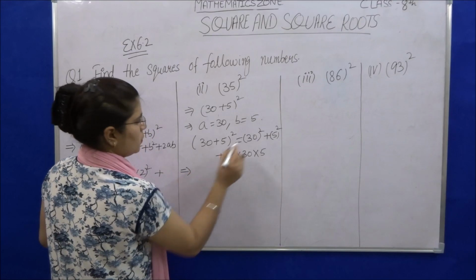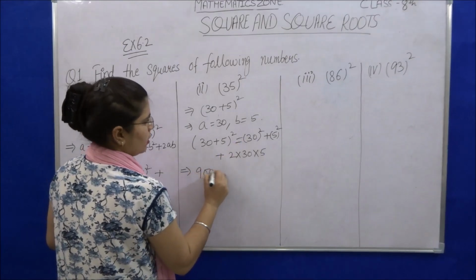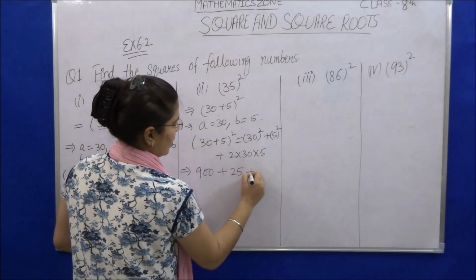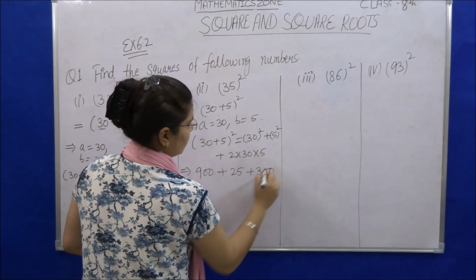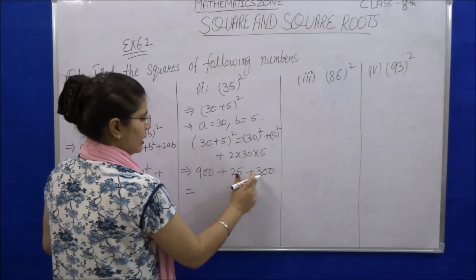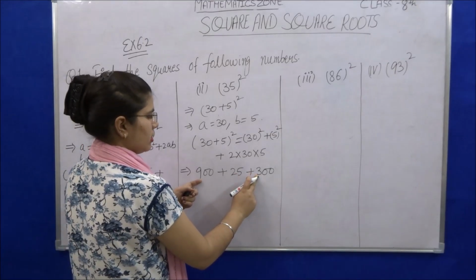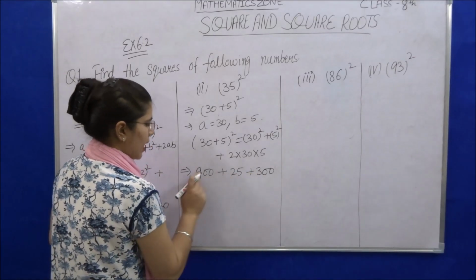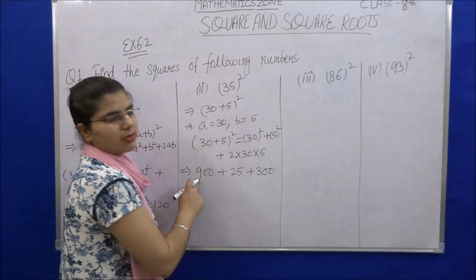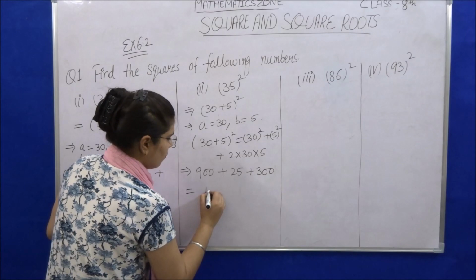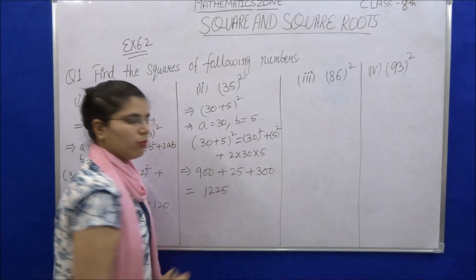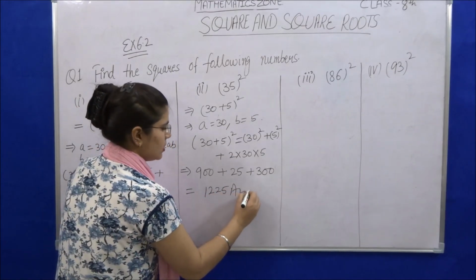That will be equal to 30 square is 900, 5 square is 25, and 5 twos are 10. 10 multiplied by 30 will be 300. So after addition, 900 plus 300, we can add just these two numbers, 9 plus 3 will be 12. 1200 plus 25, that will be 1225. So this is our answer.